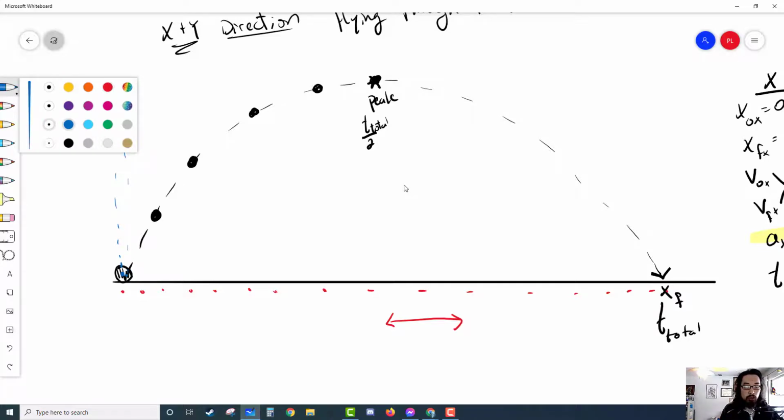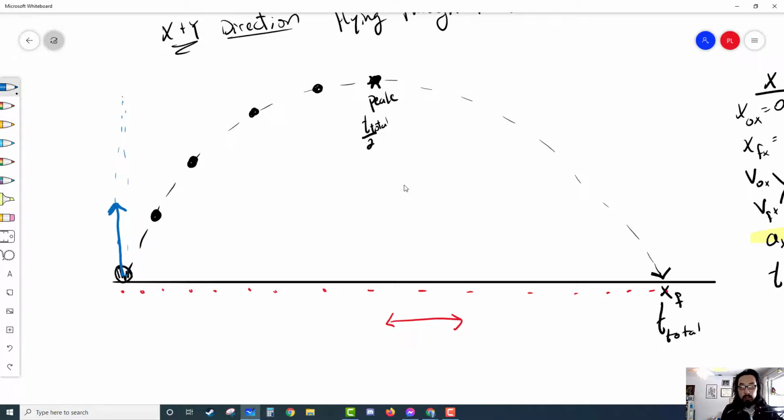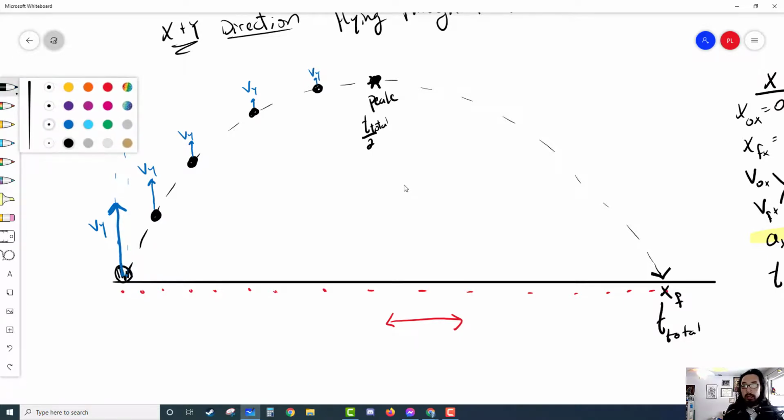All right, so when we first launch, this ball is launched with a great velocity. It's going to go up, so this is your Vy. As we are rising, this Vy starts to shrink. The reason why this Vy is shrinking is because we have acceleration in the opposite direction. This is a big idea here.